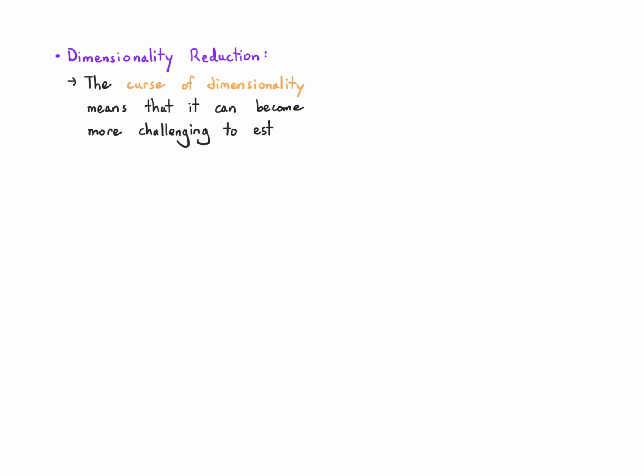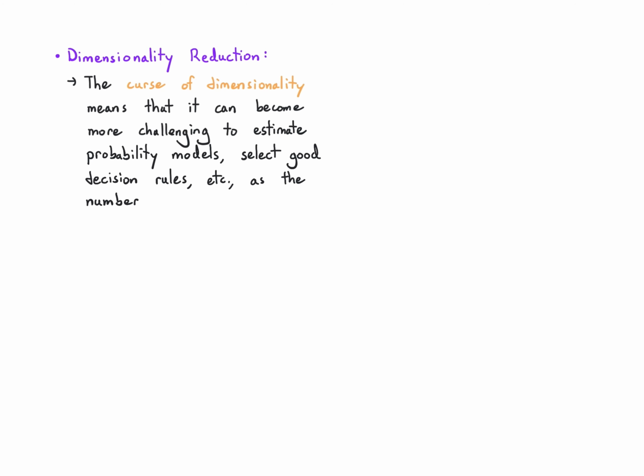Okay, another technique which is super useful is dimensionality reduction. And this curse of dimensionality that I mentioned means that it gets very challenging to directly estimate probability models and even select good decision rules and so on, fit a regression model as the number of features increases, okay? So one thing we can do is try to go from many features to fewer features.